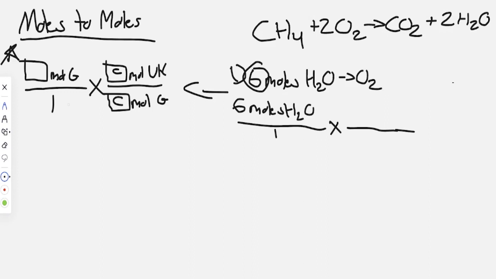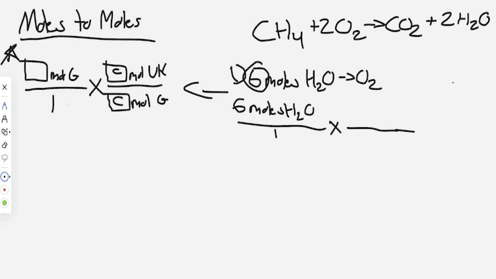Another important thing I forgot to mention: the reason you see moles given on top and moles given below on the other fraction is because they need to be able to cancel out. Our final unit will be moles of the unknown. That's really important to remember.